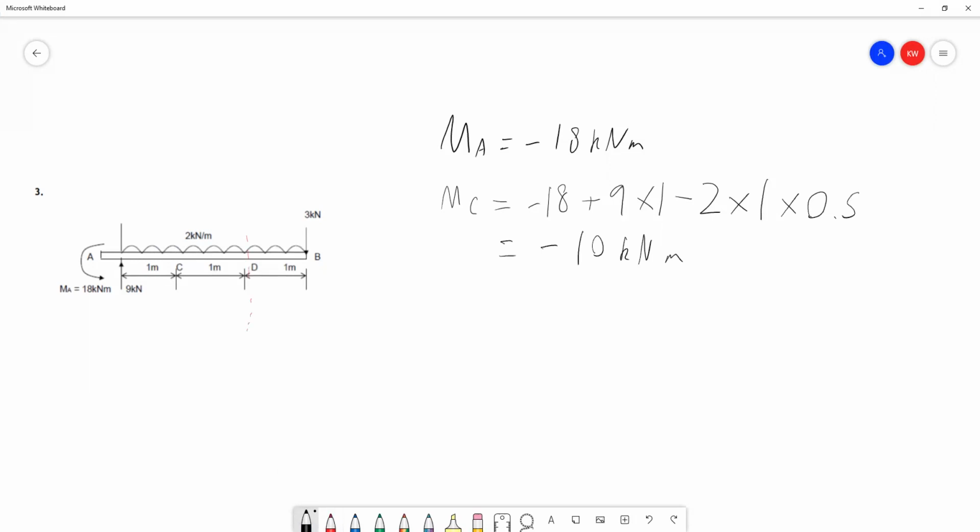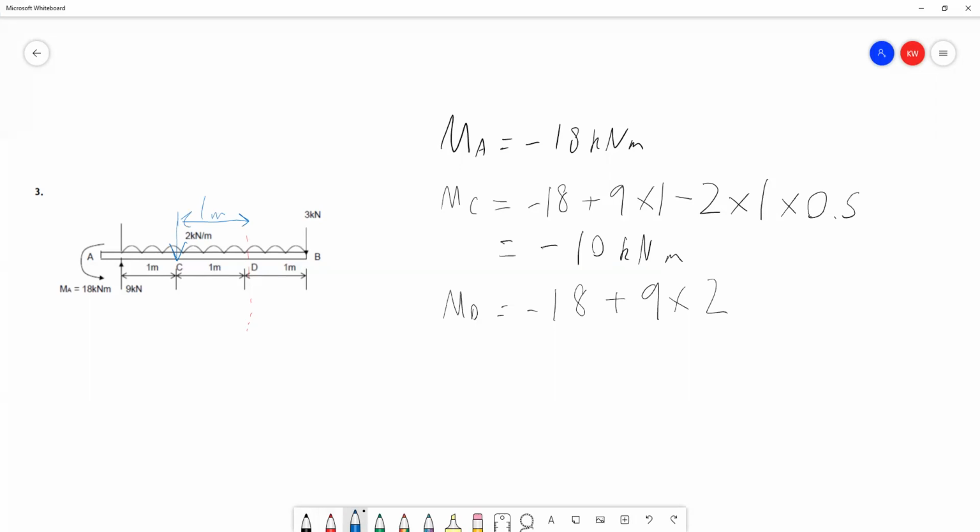And so MD, let's consider what's going on here. So again, we consider the negative moment at point A. The force being applied at A, 9 kilonewtons at a distance of 2 metres from D. And now we consider again the UDL. Now this time the UDL is effectively being applied at the halfway point between A and D, which is a distance, it's already indicated in the diagram, but I'll write it here, of 1 metre.